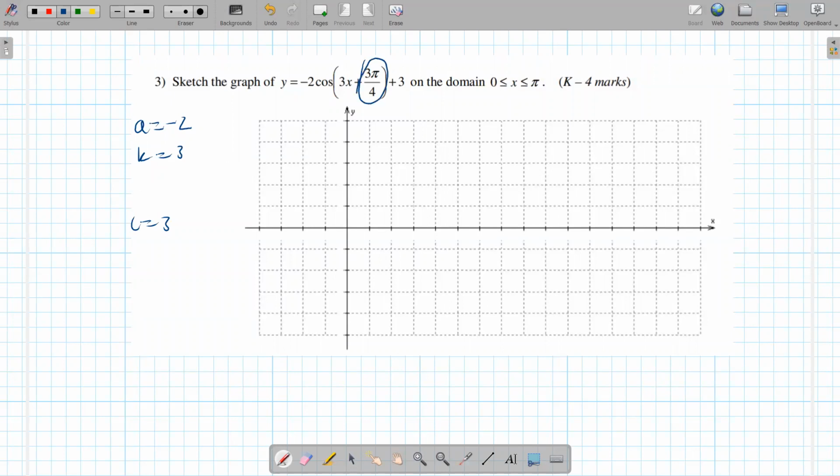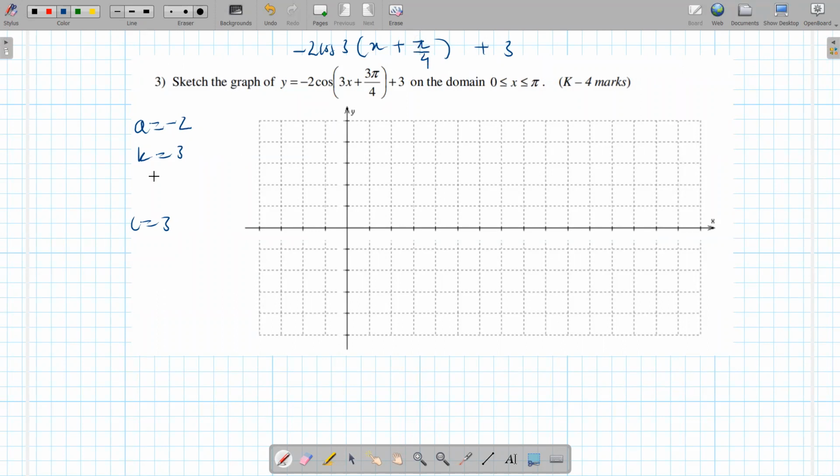This is not our phase shift. To see the phase shift, you need to pluck out a 3 there. If you pluck out a 3, what are you left with in this bracket? 3 and then bracket x plus... Would it be pi over 4?